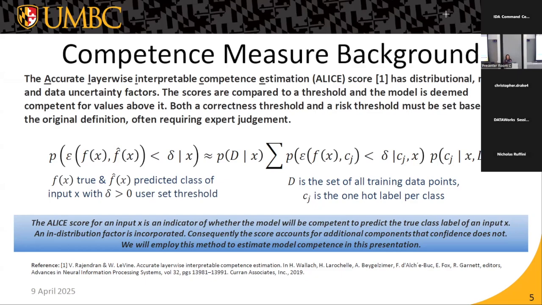But the idea here is that if we use a score like this, we have a certain threshold, and above that threshold, we say that the model is more competent to perform for that input, so we're able to understand that might be a preferred model to use. It might be, though, that we have an ensemble with many classifiers, and a few different classifiers get better performance or higher competence scores in that area.